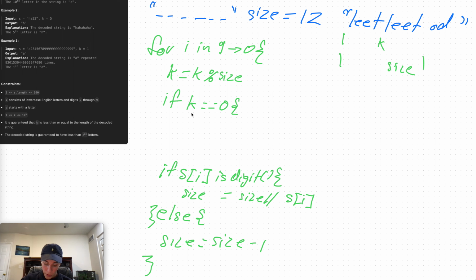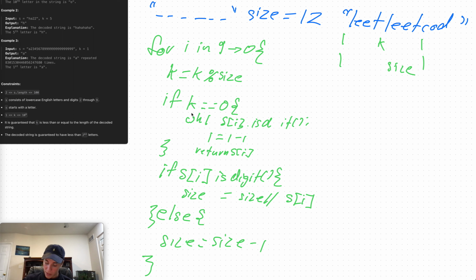I'm going to explain why there has to be a while loop within this if statement. While s[i] is a digit, I'm going to say i equals i minus 1, and then return s[i].